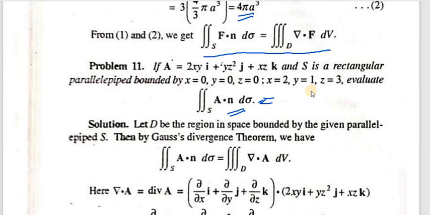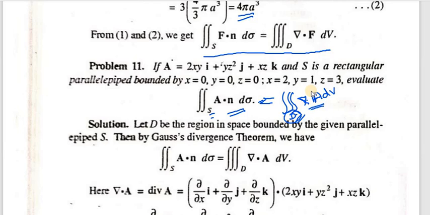The double integral over S of A dot n d sigma should be equal to the triple integral over D of the divergence of A dv. So we have to find the divergence of A and the limits of the region D, where D is the region bounded by the surface S.